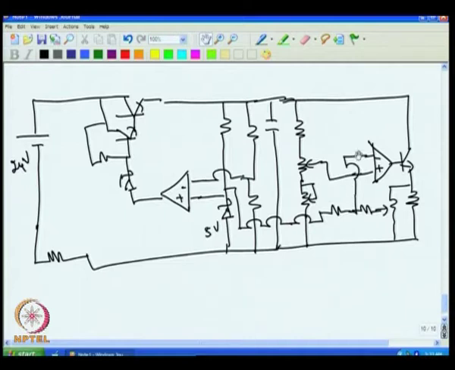If the inverting input goes higher than the non-inverting input, then the output will come down, and the current also will come down. This way the current through this is controlled by the fact that this voltage has to be equal to this voltage. By this the current is continuously regulated, and the current flowing through this depends only upon the position of this.